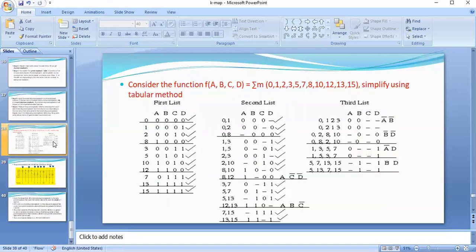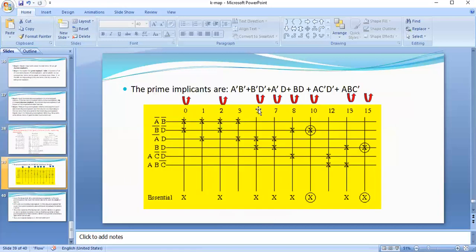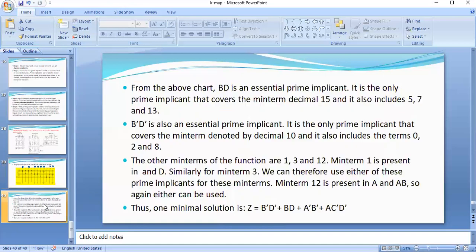Where is BD? Here. BD covers 5, 7, 13, 15, so you have to place tick marks at 5, 7, 13, 15. So B bar D bar and BD should be in the final expression.